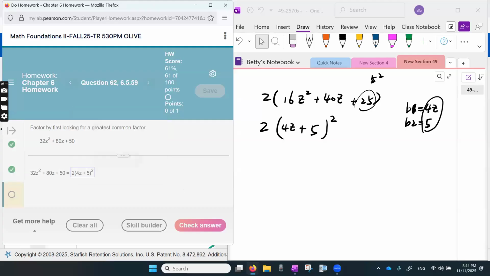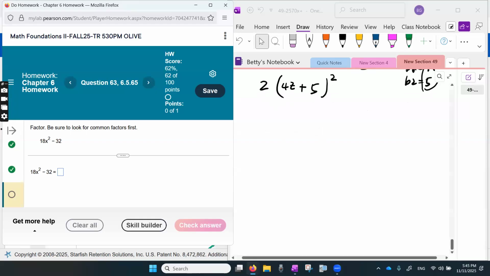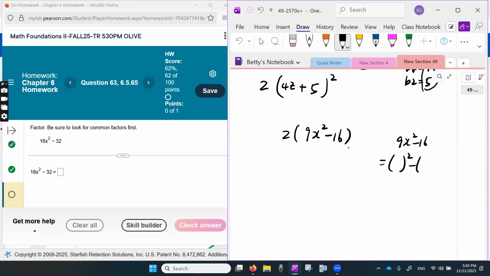All right. So next, 63. Did I get another question? So 1832, obviously GCF is 2, right? Factor 2 out, so we have 9x squared minus 16. Looks good? And the 9x squared minus 16 is a difference of two squares.